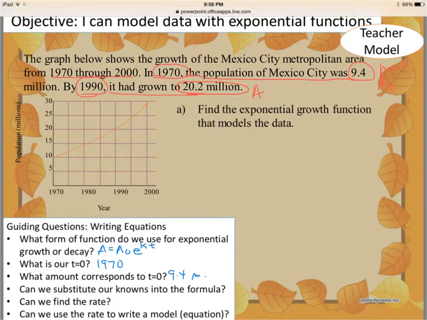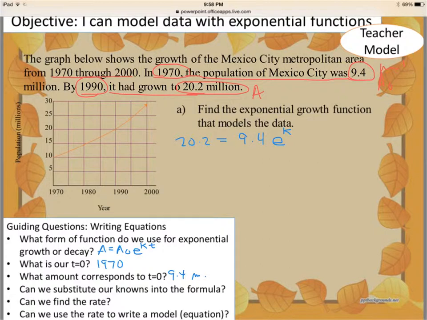So some future amount here, 20.2 equals, and then our starting amount, 9.4. Base e, remember that's just a number, it's not a variable. They did not tell us the rate, just like in real life. Nobody would tell us what the growth rate is. They would just give us some data, and we would have to figure it out.